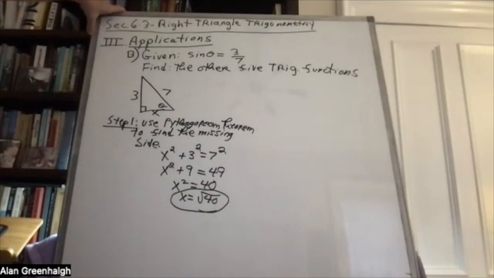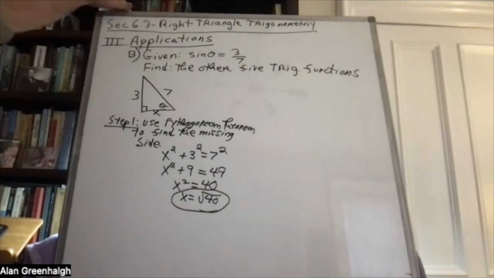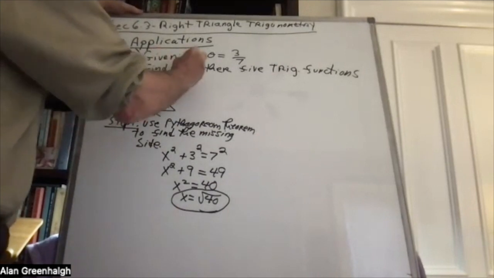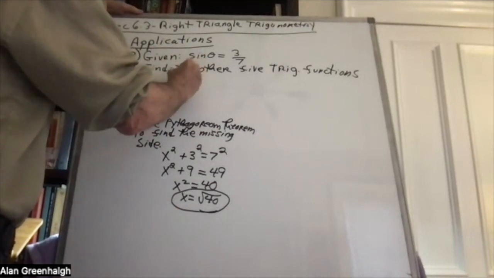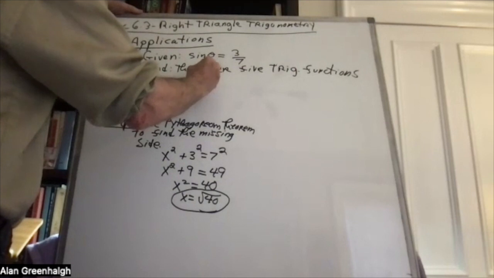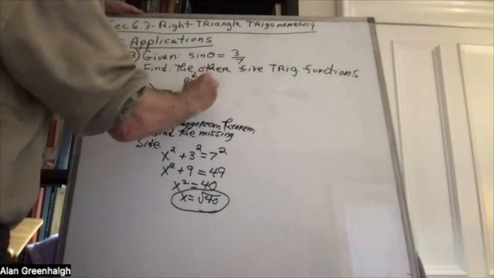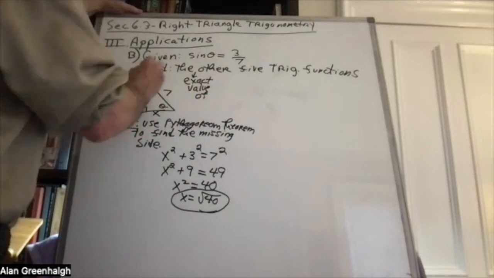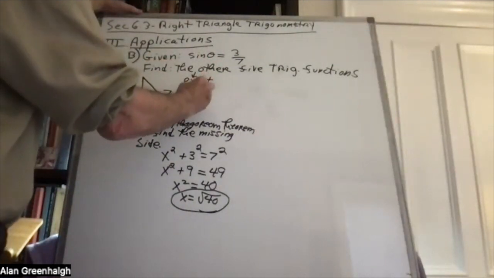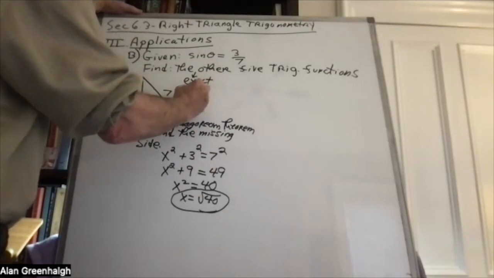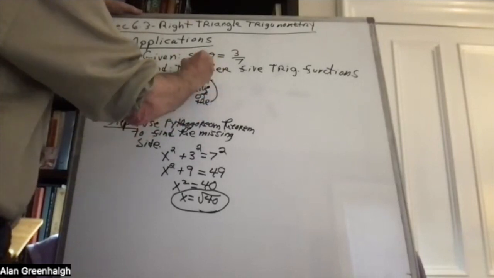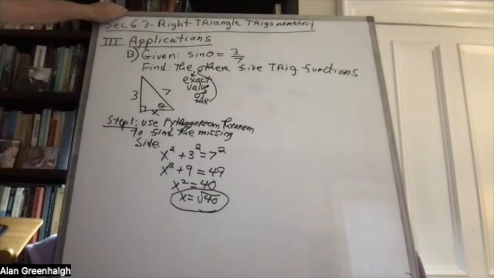What I really need to do in this problem is not simply say, find the other 5 trigonometric functions. I should say, find the exact value of the other trigonometric functions.